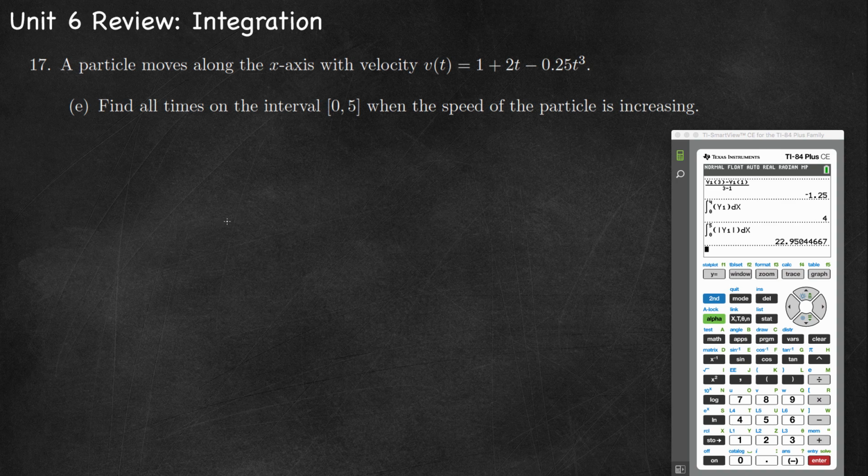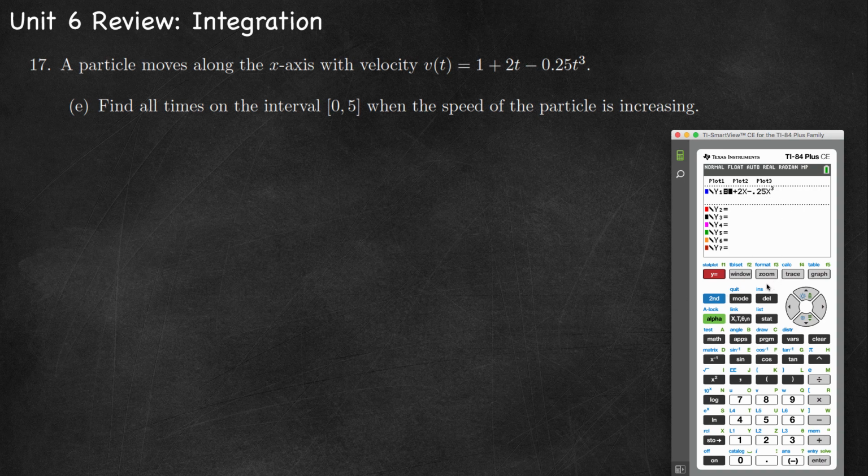Part E, find all times on the interval from 0 to 5 when the speed of the particle is increasing. So I prefer to figure this out by looking at the graph of the velocity equation. That's not the only way we can do this, but it's the way that I prefer to do it. I have the velocity equation in y1, so I'm going to look at the graph.